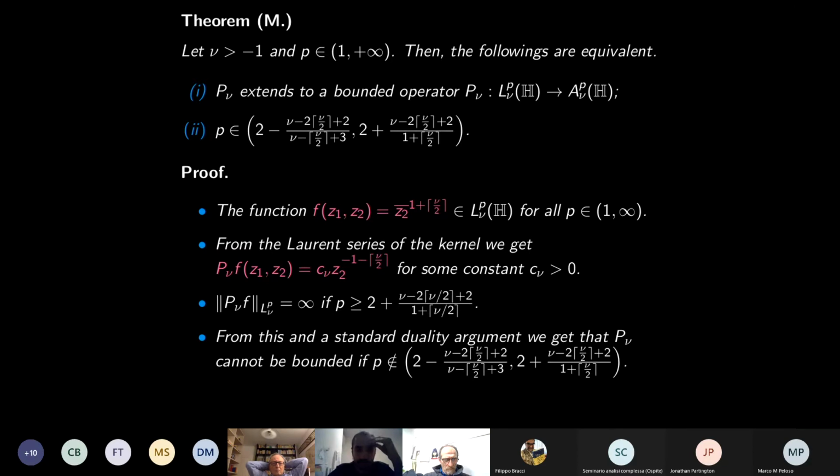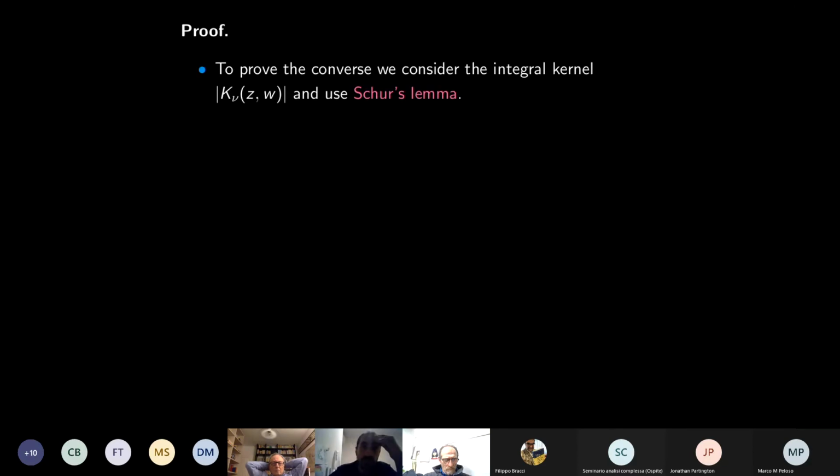Then to prove the converse, we want to use the Schur lemma, the Schur test, which gives you a test to prove the LP boundedness of integral operators when the kernel is positive.